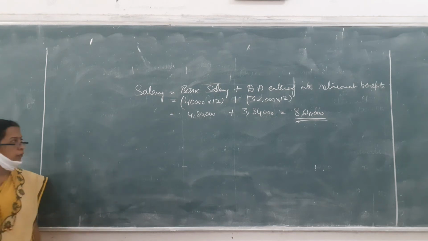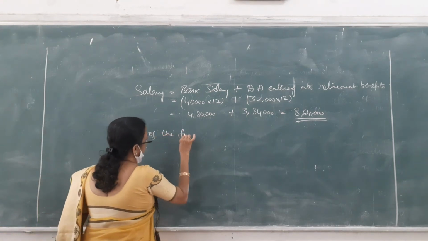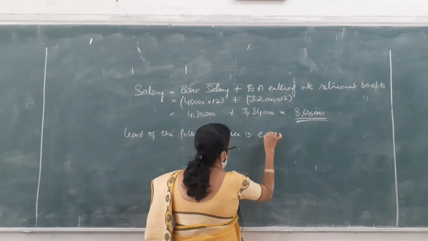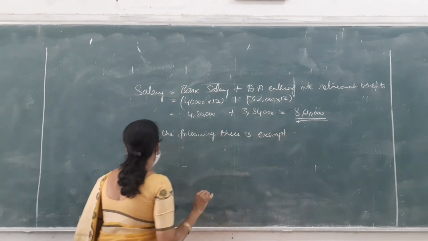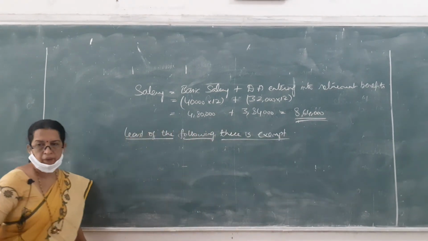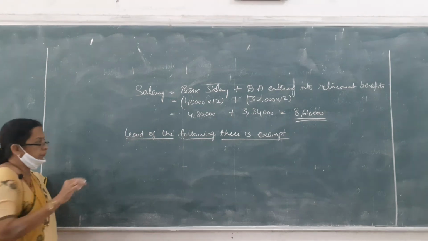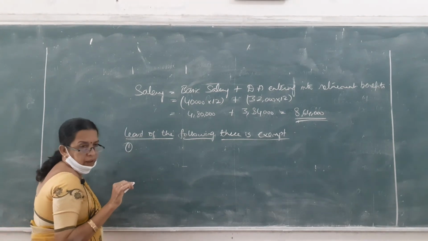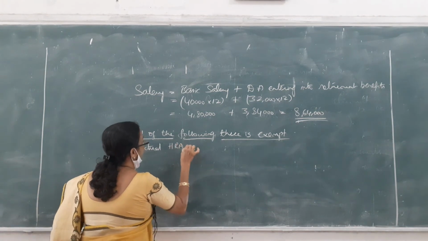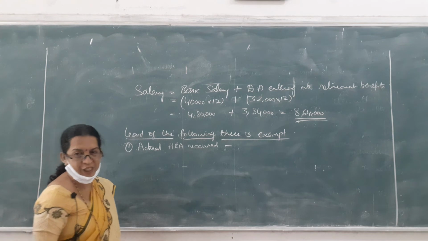Then let us come to our formula. Least of the following three is exempt. First one, actual HRA received.